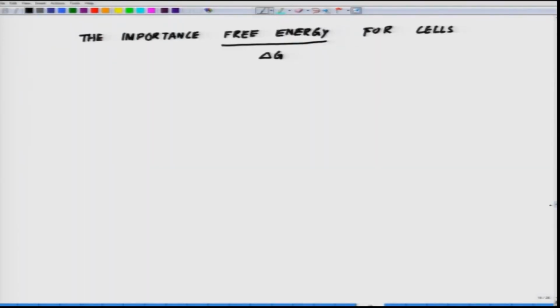So, today in the light of that, we will talk about the significance or the importance of free energy for the cell. Life is possible because of the complex network of interacting chemical reactions occurring in every cell. In viewing the metabolic pathways that comprise this network, one might suspect that the cell has had the ability to evolve an enzyme to carry out any of these reactions that it needs, but this is not so.